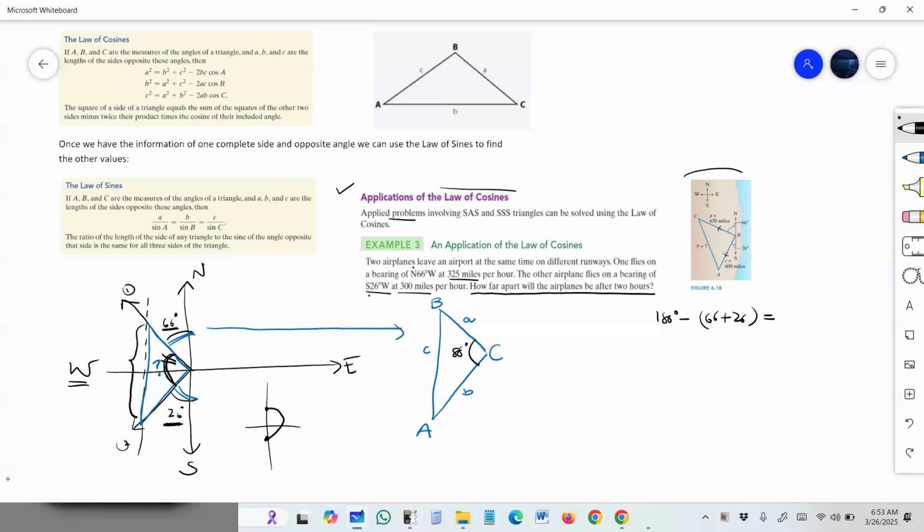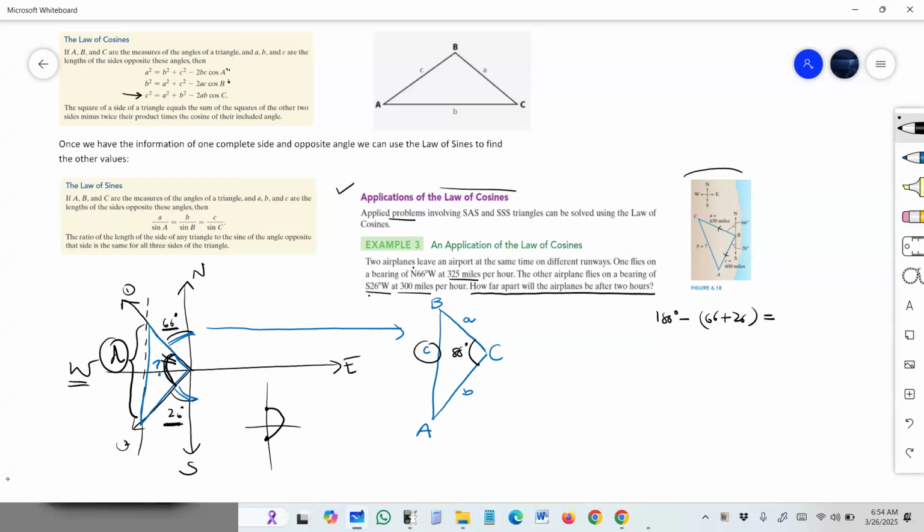Which is perfect, because now all I need to do is find how far apart they are. This is the distance I have to find, so I need to find side C. Here's the formula. Well, Professor, what if I use a different letter? That's okay. If you use a different letter, you're going to use one of the other two formulas. It's going to work out the exact same way.